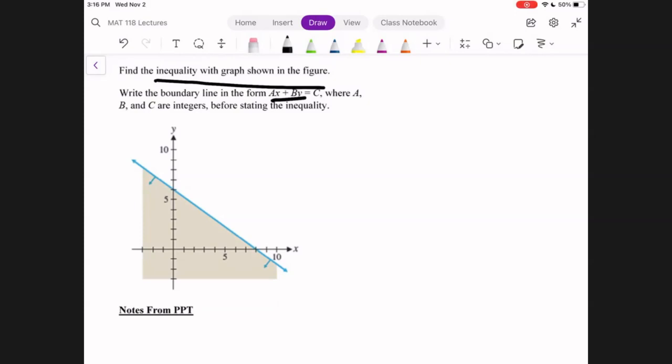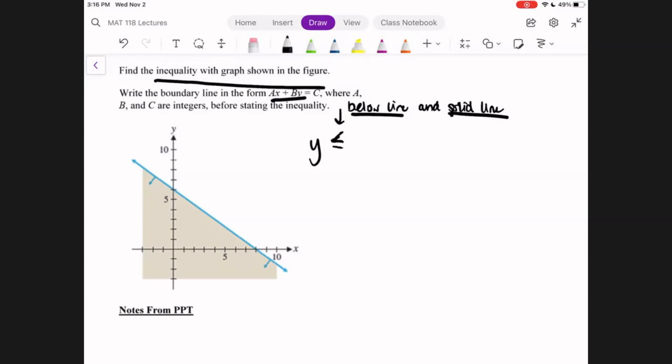So in this one, it'd be y, and since we are shading below the line, and the line is solid, it'd be less than or equal to y, below line, and solid line. So the below the line part is the less than, the solid line means equal to. If it was just a dashed line, it would just be less than. If it was above, it would be the other pieces.